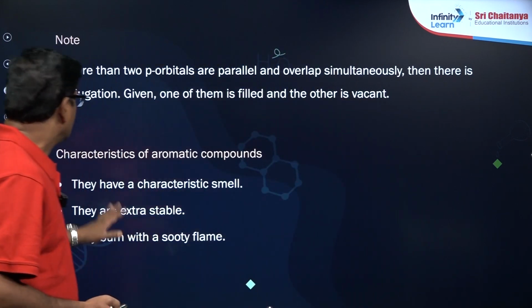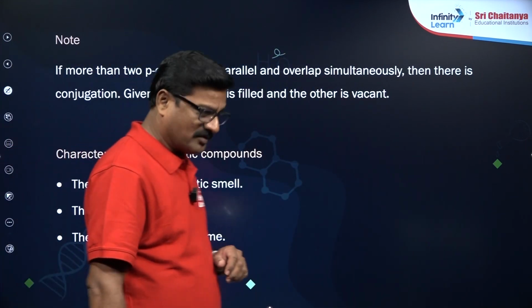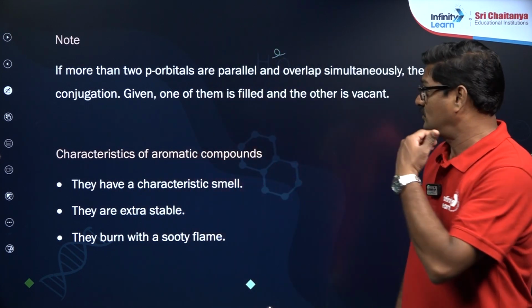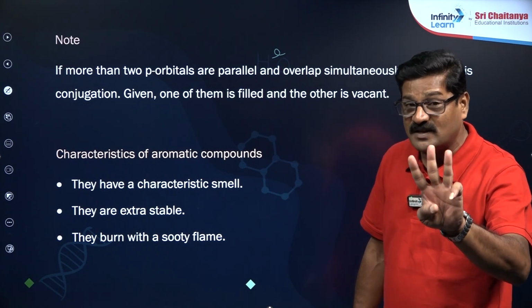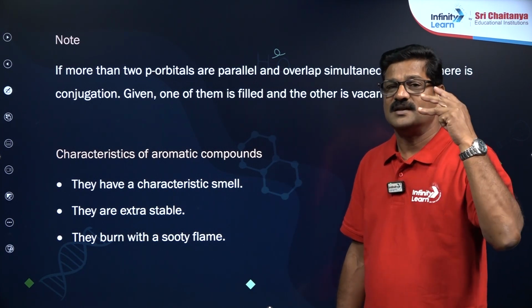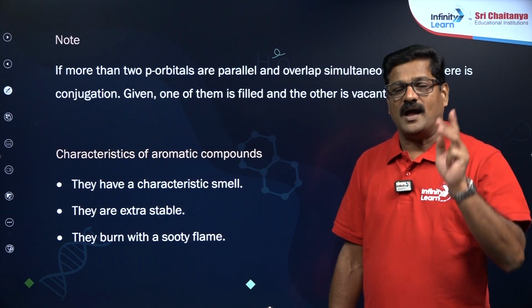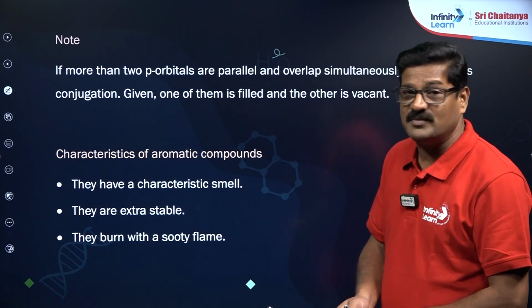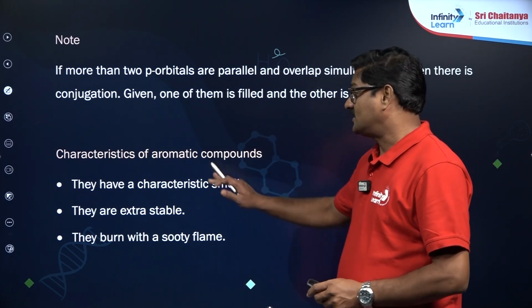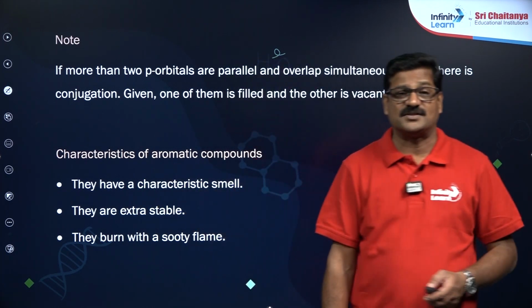Now the characteristics of aromatic compounds. Before I complete this, let me restate the conditions for aromaticity, mind it: cyclic, planar, complete conjugation, and 4n plus 2. These are the major categories. Let us talk about the characteristics of aromatic compounds.